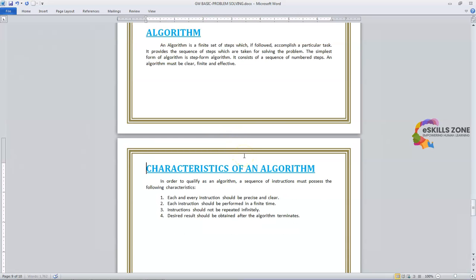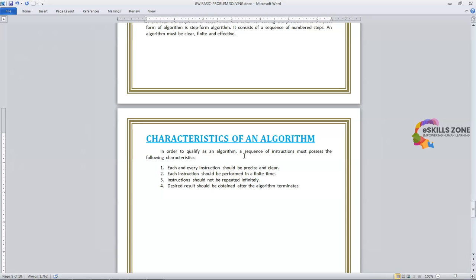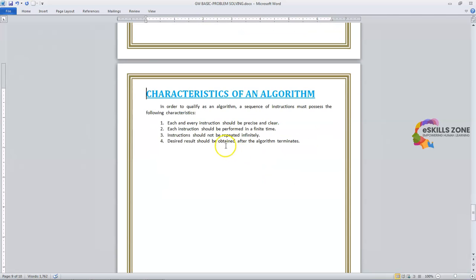Now we're gonna discuss the strategy for developing an algorithm. So what are the strategies? It's a detailed topic. Strategy for developing algorithm. So let's see.